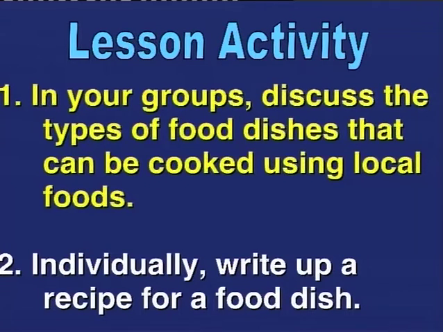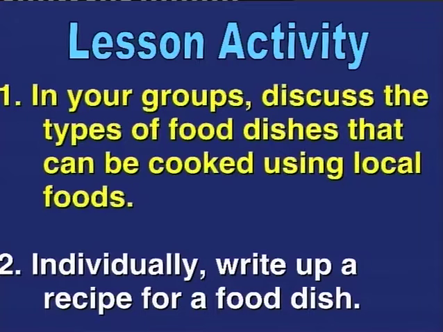Listen, it says food in your local area or where you live. Like our friends in the rural areas, where they live they have plenty of local food, so they can have it. But you can have a mixture of local and commercially produced food because you are living in the city, okay?